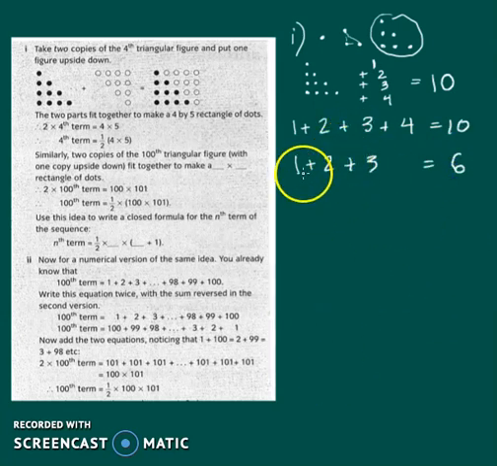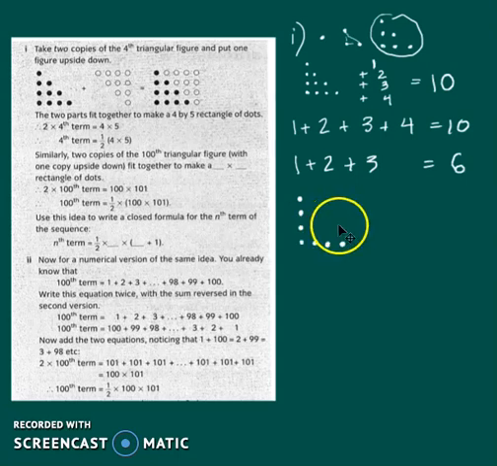Now, what does the question want us to look at? So, it says, take one of these triangular figures, the fourth triangular figure, so 4 dots by 4 dots. Okay, that's pretty good.